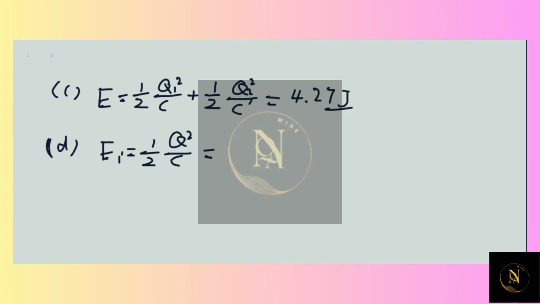And you will see that this value is 6.4 joules. So the energy decrease equals E_i minus E, right? So this gives you 2.13 joules, all right? So the energy decreases by a value of 2.13 joules.